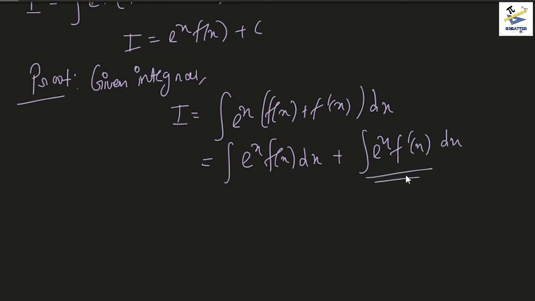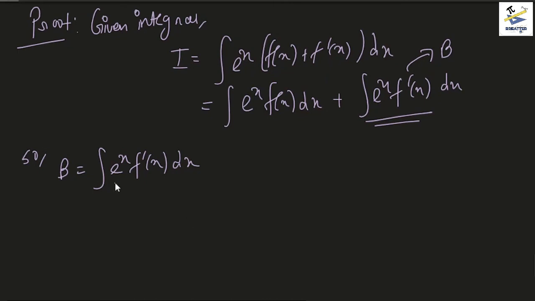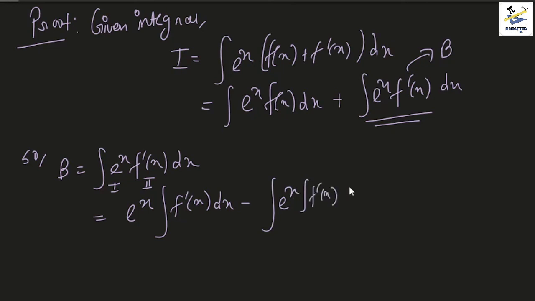So let us try to break down this second integral. Name this integral as B. So B equals the integral of e to the power x into f prime x dx. If you apply integration by parts here with e to the power x as the first function and f dash x as the second function, what you get is e to the power x into f dash x dx minus, the derivative of e to the power x is just e to the power x, and the integral of f dash x, and then a dx outside, right?